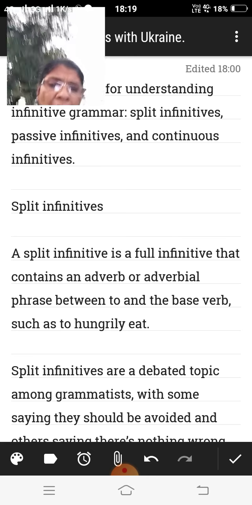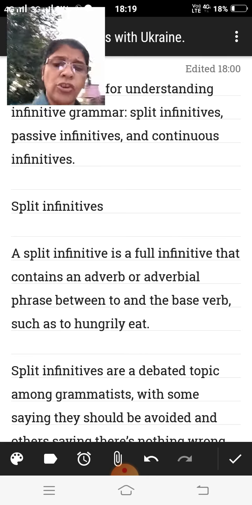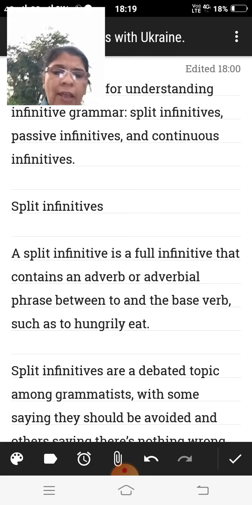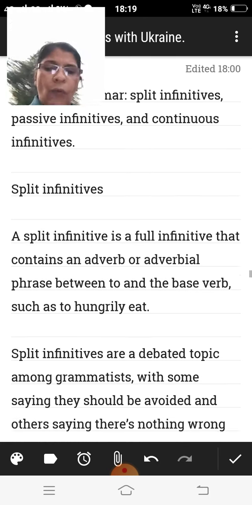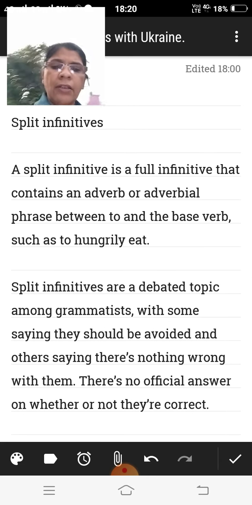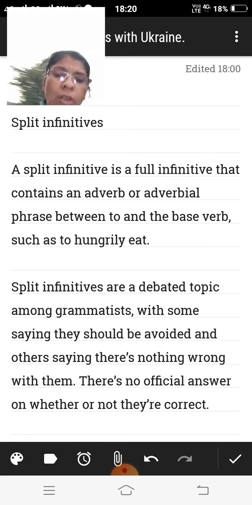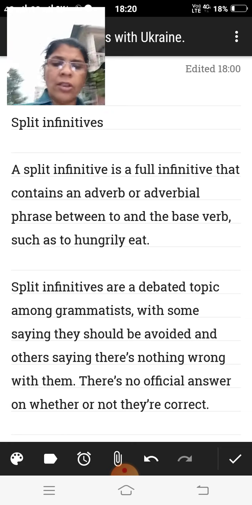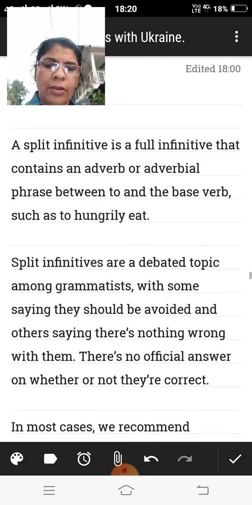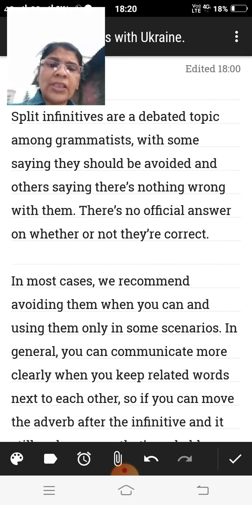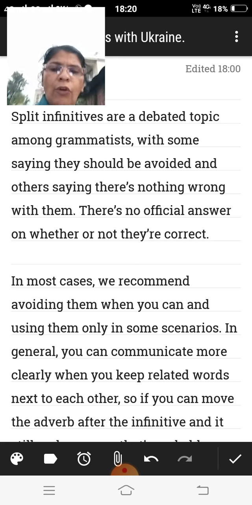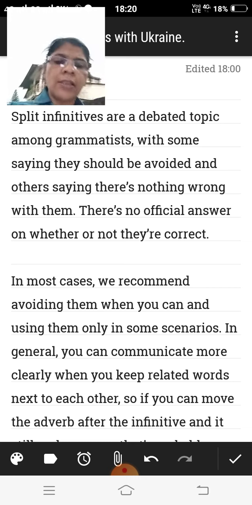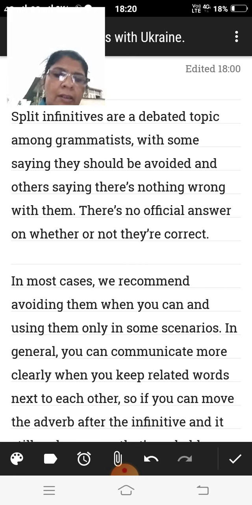Split infinitives are a debated topic among grammarians, with some saying they should be avoided and others saying there's nothing wrong with them. There's no official answer on whether or not they are correct. In most cases, we recommend avoiding them when you can and using them only in some scenarios.